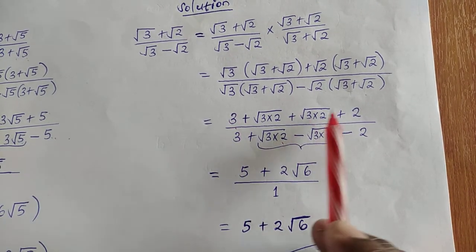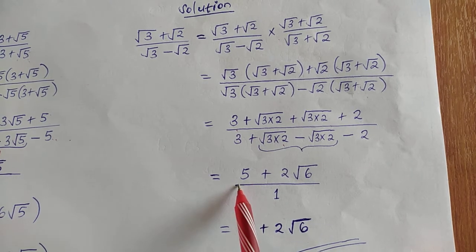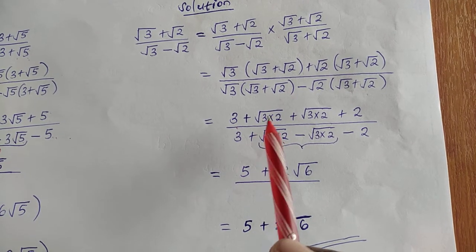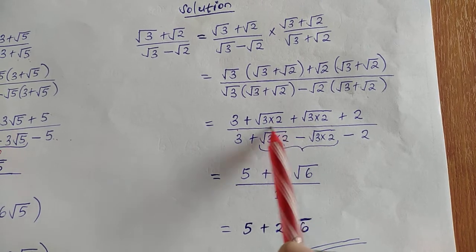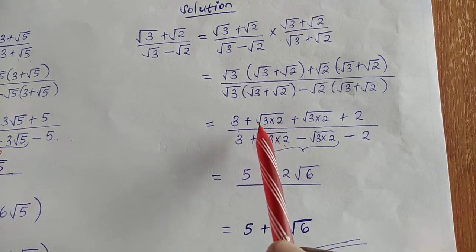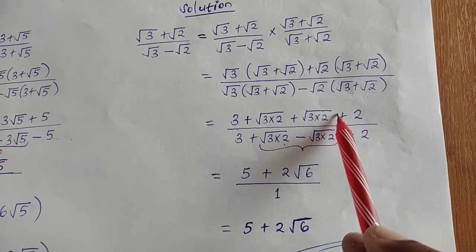We are having 3 plus 2, which is a 5. And then root 3 multiplied by the root of 2, which is the same as the root of 6. So it's the root of 6 here and the root of 6 here.